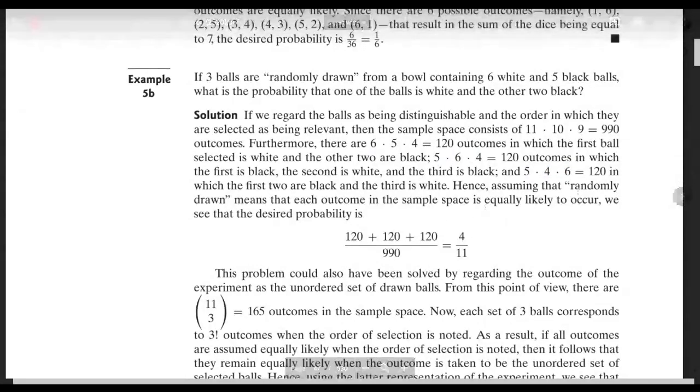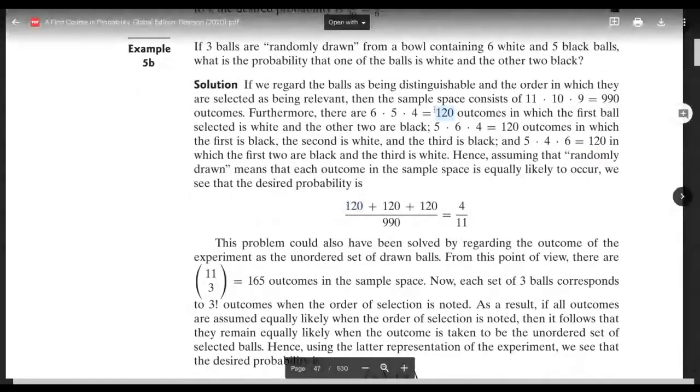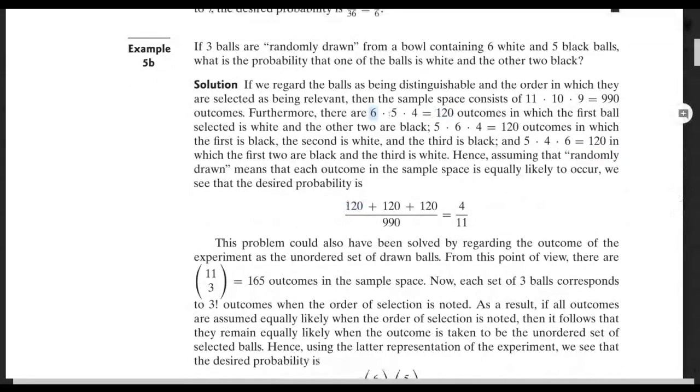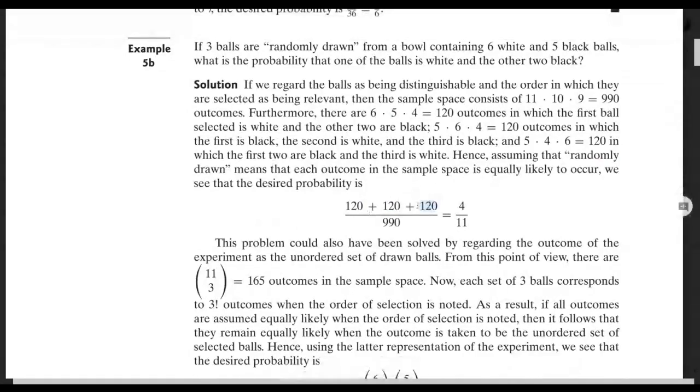So assuming randomly drawn means each outcome in the sample space is equally likely to occur, we see the probability is, so drawing one black, one white, and another black is this many. The first one is white, the second one is black, the third one is black, that's this many. Then the first 2 are black, the third one is white, and this many.